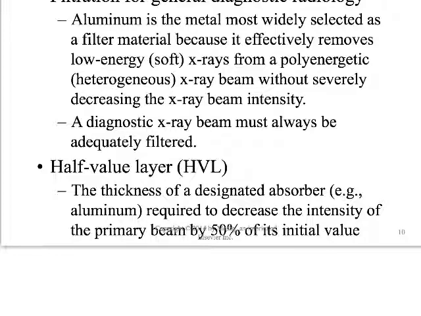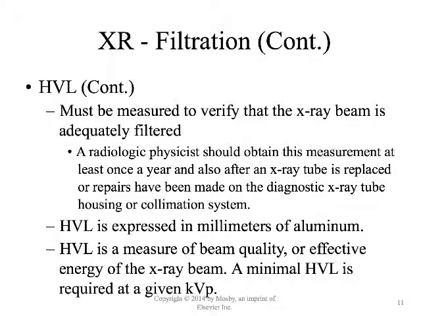So one way to think about that might be the amount of thickness of lead or what have you that the photon could pass through and keep going. That's going to be directly related to its quality. So we do measure and verify the HVL for the X-ray beam, and this is done annually by the physicist.